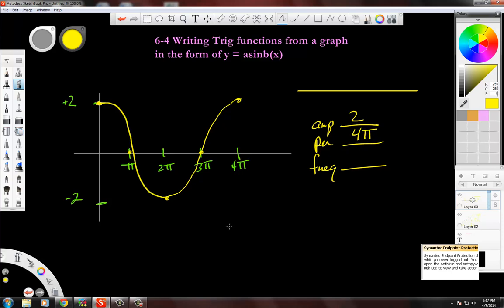And the frequency, we remember that the frequency is 2 pi over p. Okay, go back and watch that again if you were like, I don't know where that comes from. But that would just be 2 pi over 4 pi, which is 1/2. So frequency is 1/2.